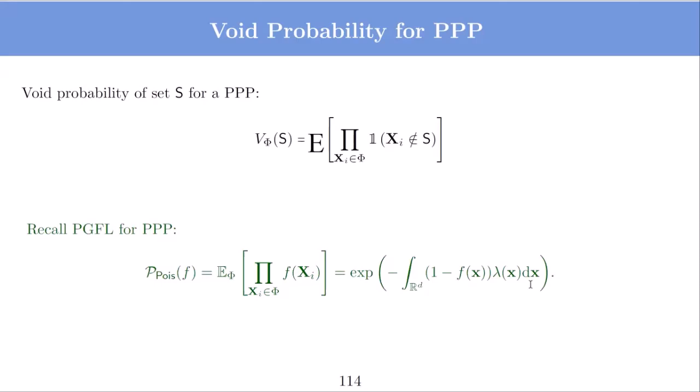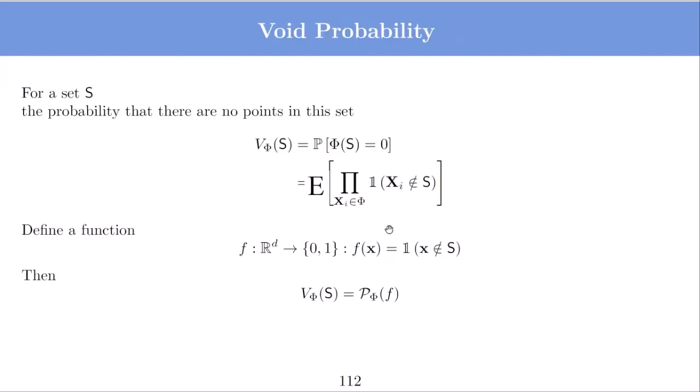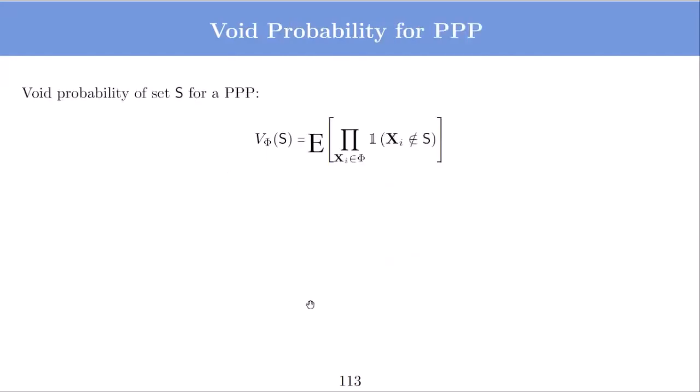So I have to just put the function f here, and then I will get the PGFL for the function f, which is mentioned here, and that will be my void probability.